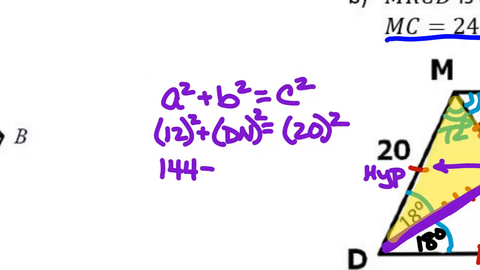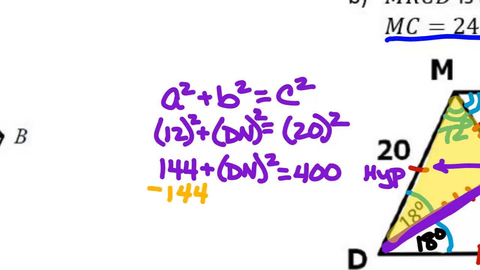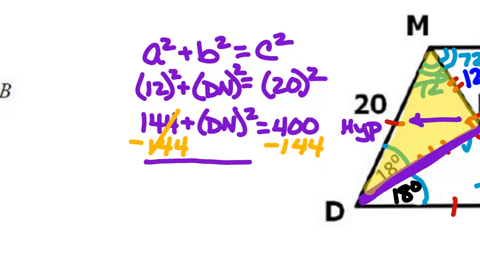12 squared is 144. 20 squared is 400. So then I subtract 144 from both sides. I get DN squared is equal to, what is 400 minus 144? 256.